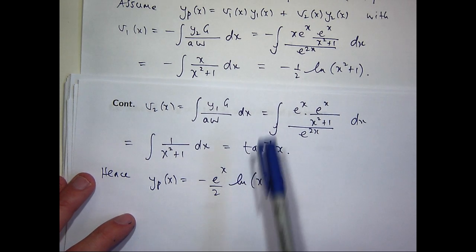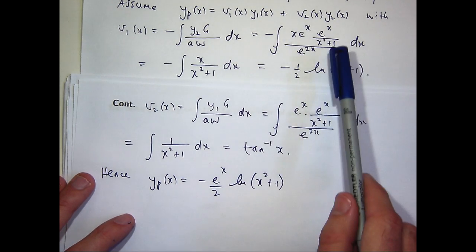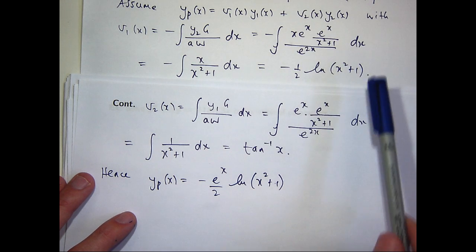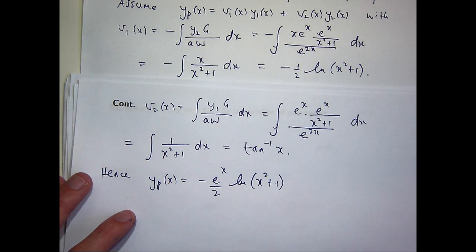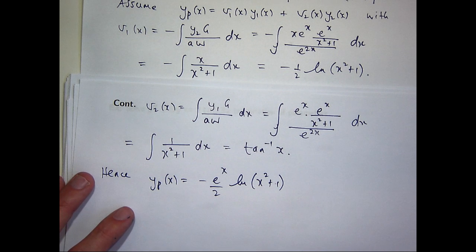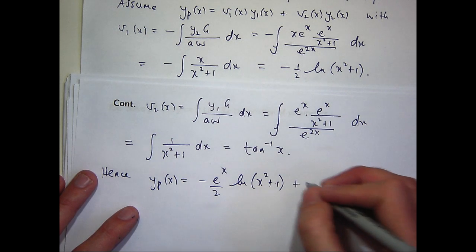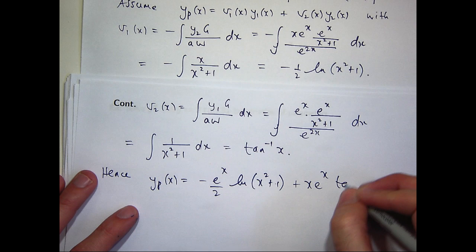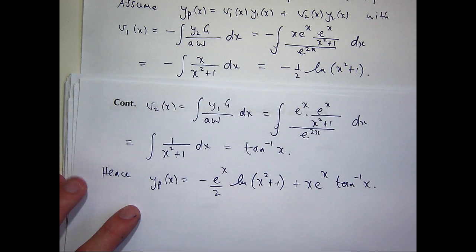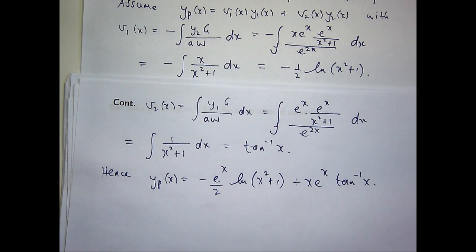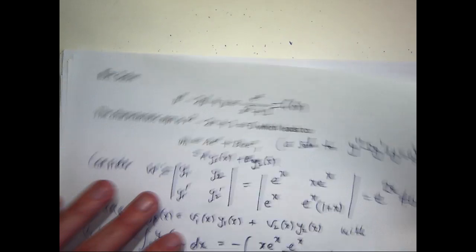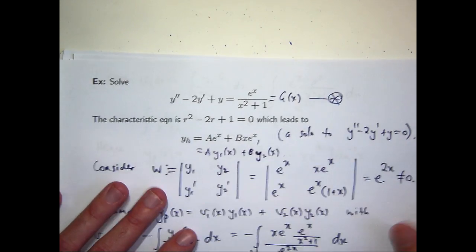And v2 y2 is going to be something like this times x e to the x. Last step, let's combine y sub h and y sub p. Let's call this star.